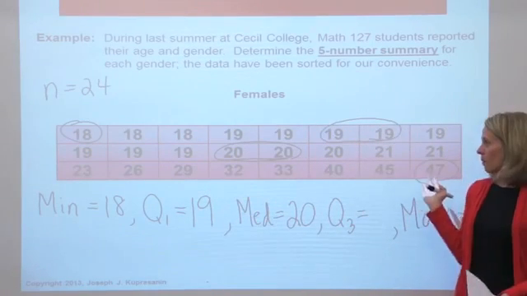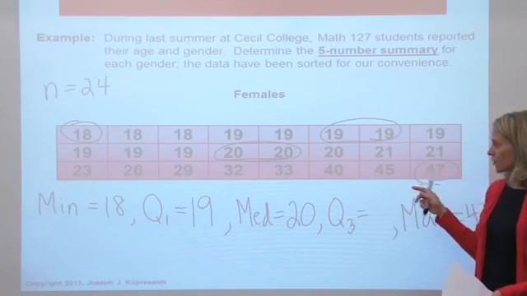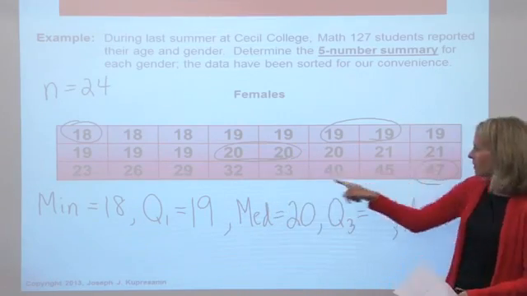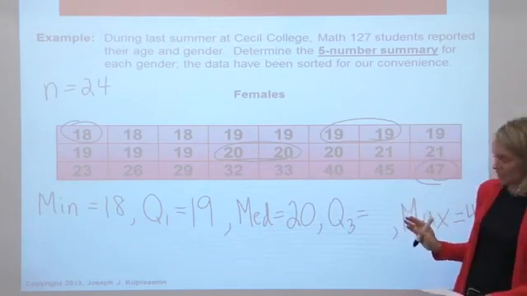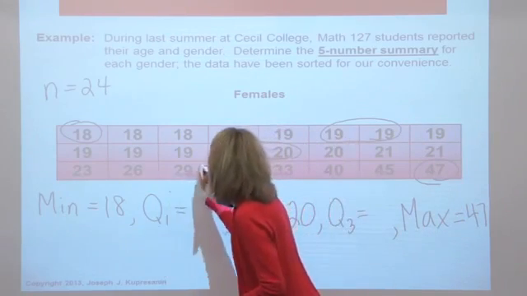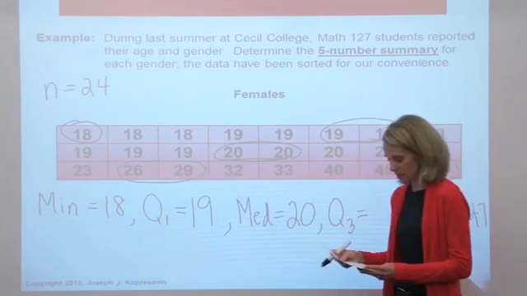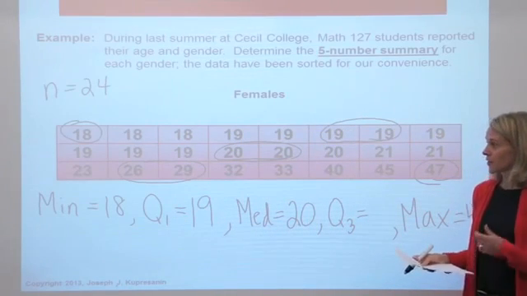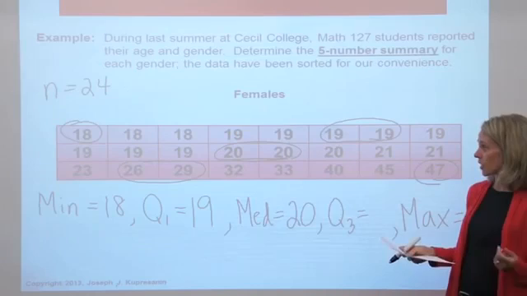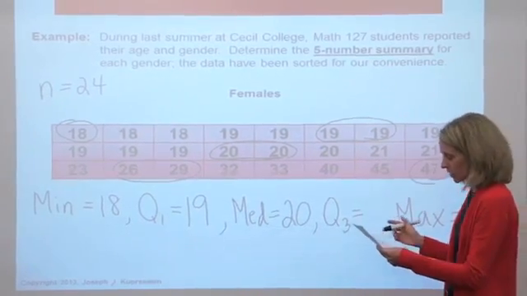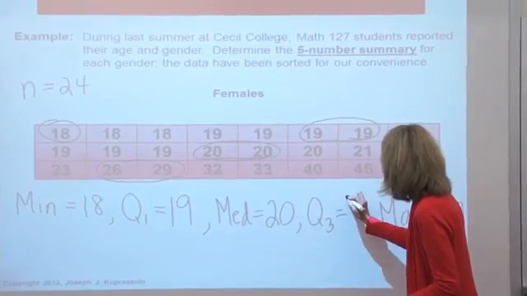We do the same thing with the top half of the data. There's 12 observations starting here in the top half of the data. And if we look at the 2 values that fall in the middle of the top half of the data, that's 26 and 29. If you add up 26 plus 29 and take the average, we'll get that Q3 is 27.5.